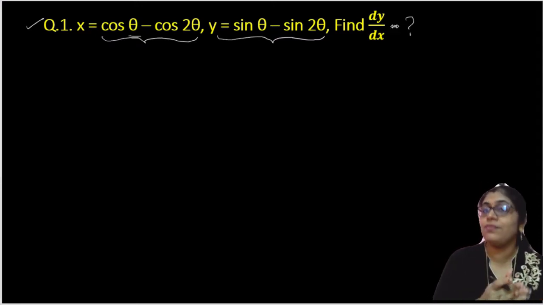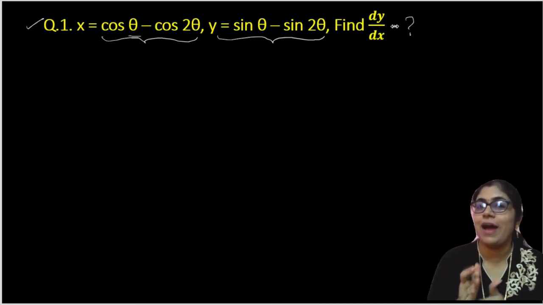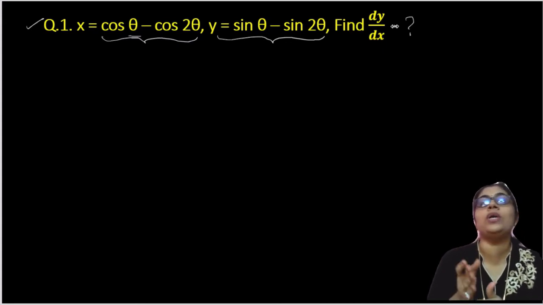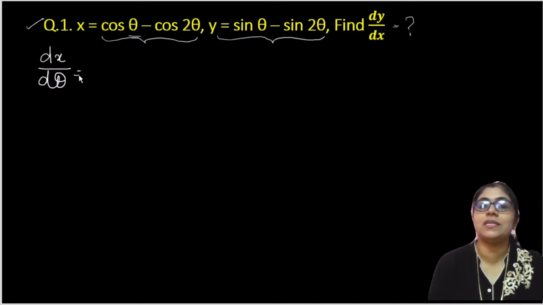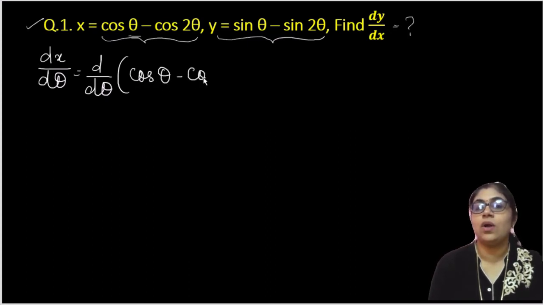Then we have to differentiate x and y separately with respect to that parameter. So let's differentiate dx/d theta first. It is d/d theta of cos theta minus cos 2 theta.